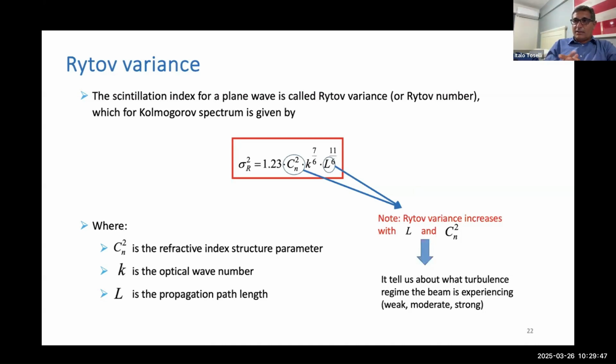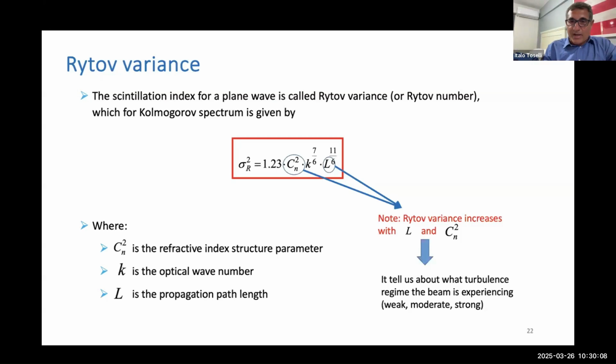We cannot say that if we have only Cn squared, which is the information about how strong the turbulence is, or L, which is the length of the path. We basically need both of them, because maybe I have a very high Cn squared, but my beam is going to propagate only a few centimeters, then in that case I'm probably in the weak turbulence regime.